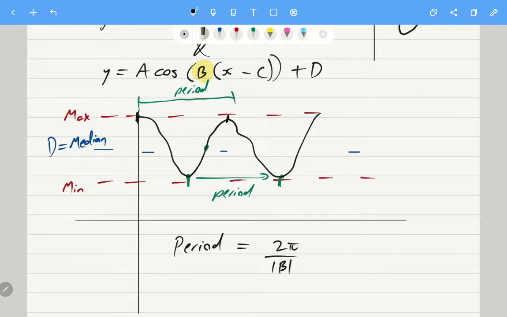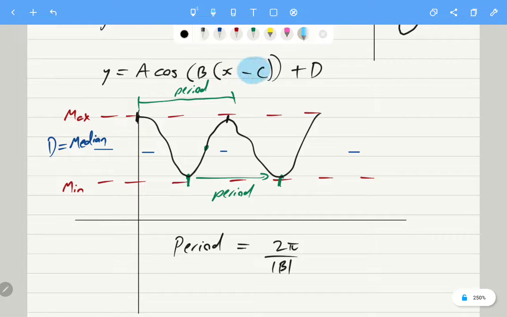That doesn't make too much sense. Instead, we're just going to think of B as the absolute value of it. So the period is defined by 2 pi over B. Alternatively, if you know what the period of the function is, you can go backwards and work out what the B value should be.